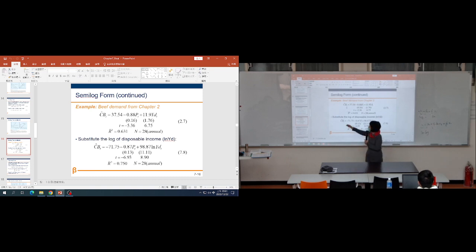So if I have two models with different y variables, either changed form or really different y variables, they are not comparable. Do not use any of the criteria we just mentioned, like AIC, BIC, Hannan-Quinn, or even adjusted R square. It doesn't work anymore. So remember that.